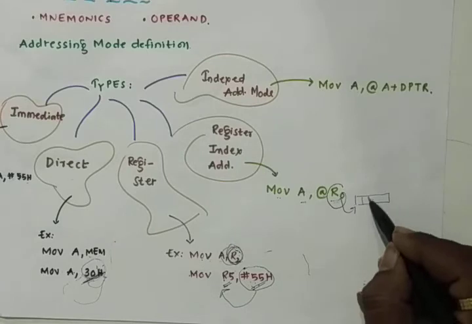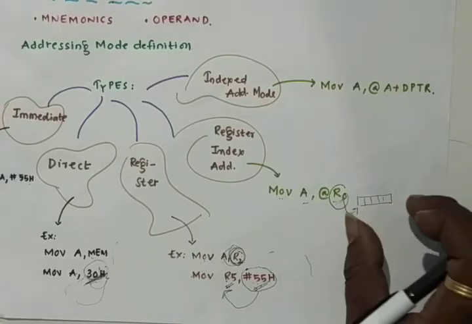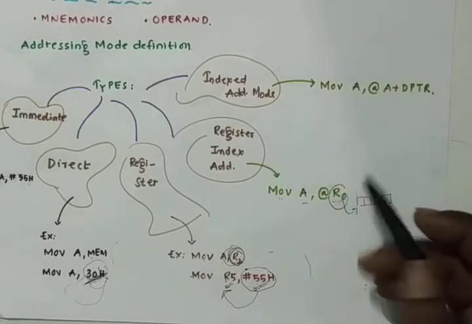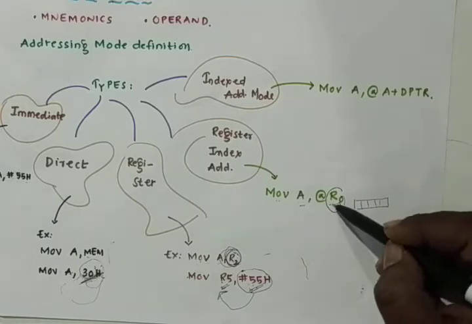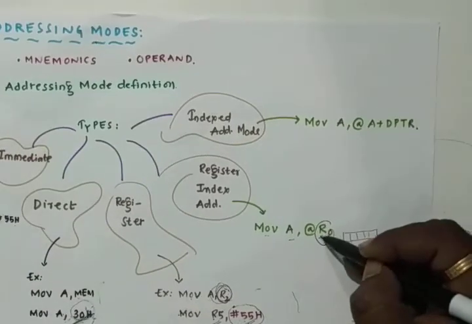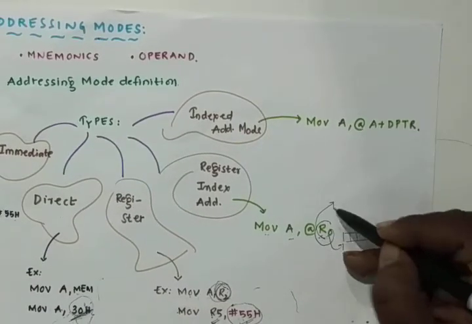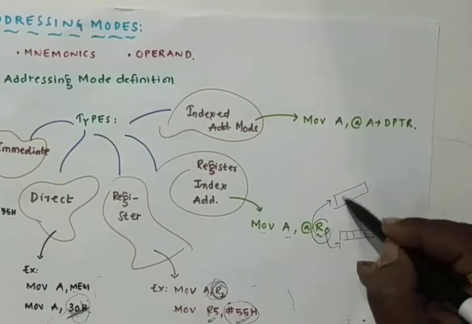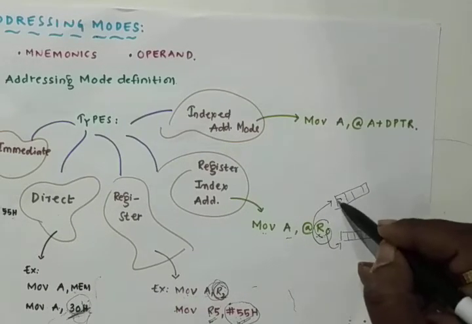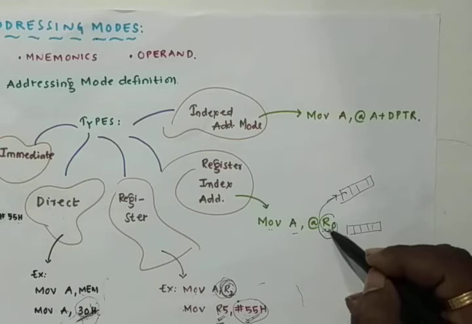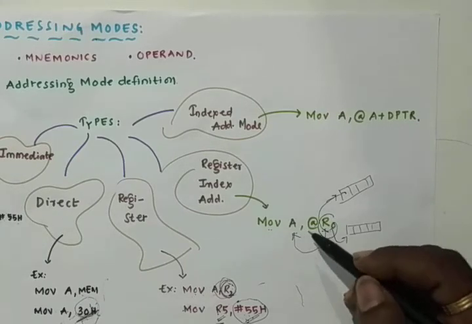This is not the data. This register has the address of the data, so the execution pointer will go to that particular address. At that address it will find the data, and that data will move into the accumulator register.